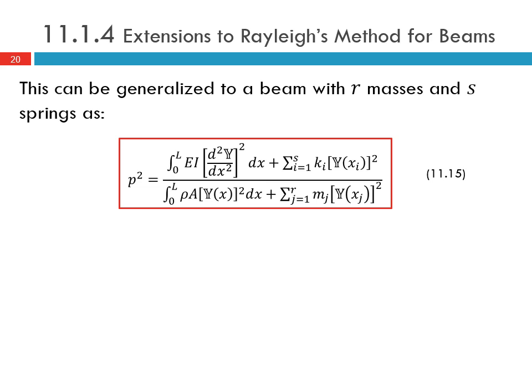And this can be generalized to a beam with any number, R number of masses and S number of springs, as shown here, where we can write this as the sum over all the springs of Ki y of xi squared, and the sum over all the masses of Mj y of xj squared.